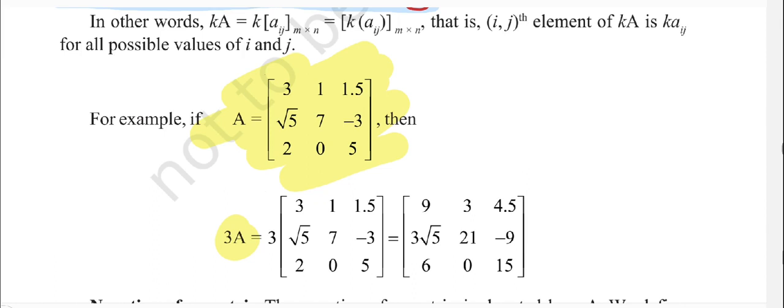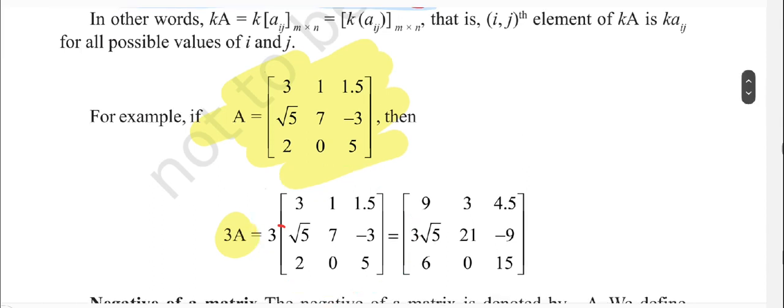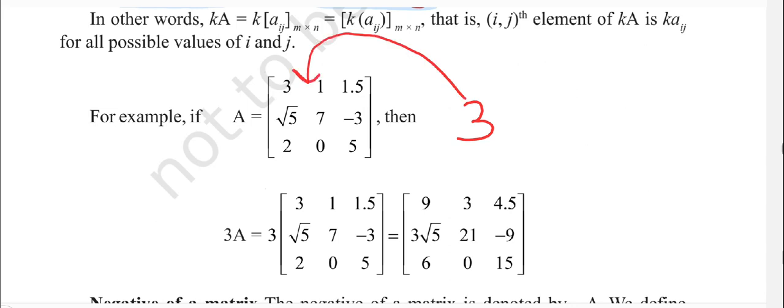We will simply multiply the scalar, as in our case we have 3, with all the entries in our matrix. So let me multiply it for you. When I multiply 3 with this entry, what do I get? I get 9.